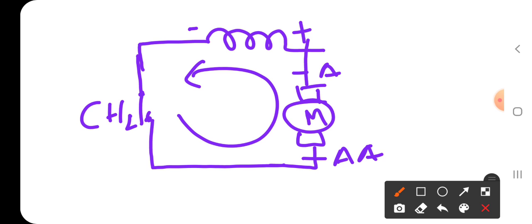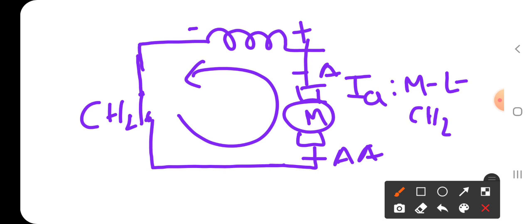The path of current is motor to inductor to chopper 2 to motor again. Here the inductor stores energy in the reverse direction, therefore the current IA increases in the reverse direction.